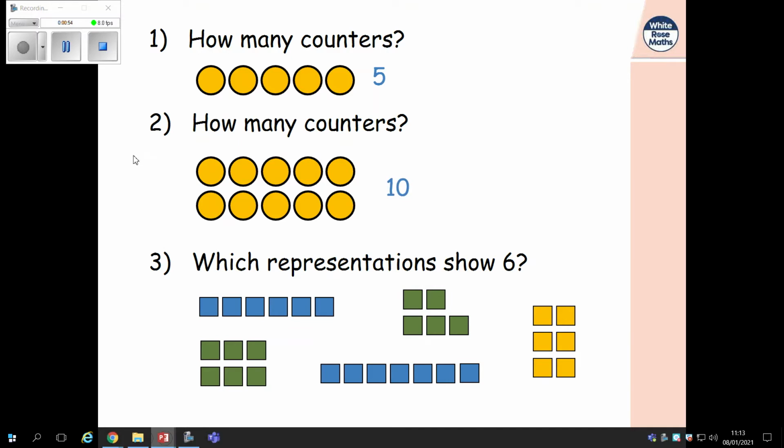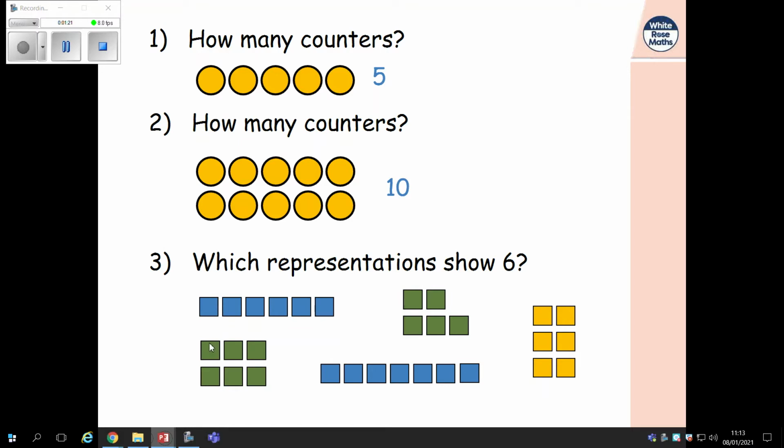Which representations show 6? So let's have a look at each one now. I'm going to be using my mouse here to help you. So 1, 2, 3, 4, 5, 6 are the blue. There we go. So that does show 6.